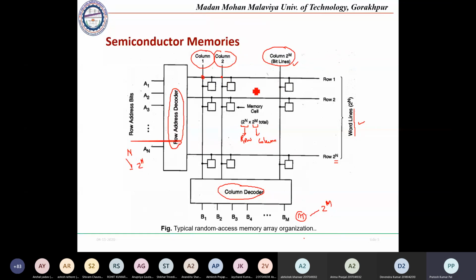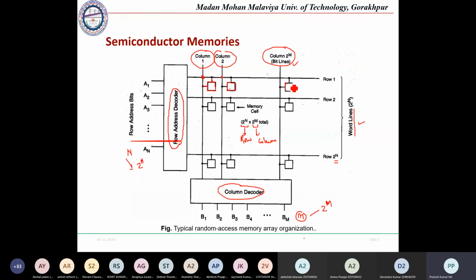Or instead of this, we can call it a simple memory block. A one bit memory block will be connected to the row and also the column. So this is connected to the column and this is connected to the row. Similarly, internally a block will be there, I mean a 1 bit storage block.